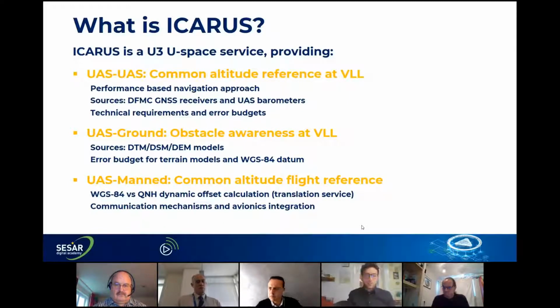The starting and focal point is that the height is calculated by GNSS, in particular using the WGS84 ellipsoid datum as standard reference system to provide a common zero altitude to drones and manned aircraft that fly in the very low-level airspace.